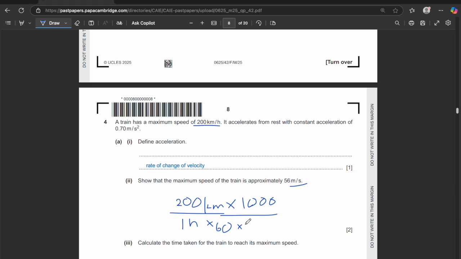Minutes, seconds, right? You don't need to write these. Technically it could be wrong if you write like that, but it's just more obvious that way. So 200 times 1000 divided by 3600, you get 55.55, and so on, and this is approximately equal to 56 meters per second.